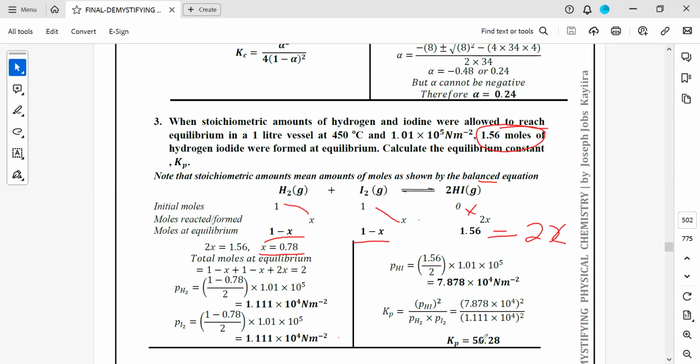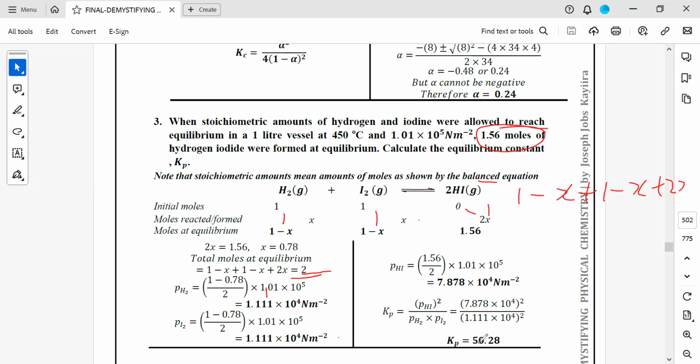Then the total number of moles at equilibrium is 1 minus x plus 1 minus x plus 2x, which gives us 2 moles.